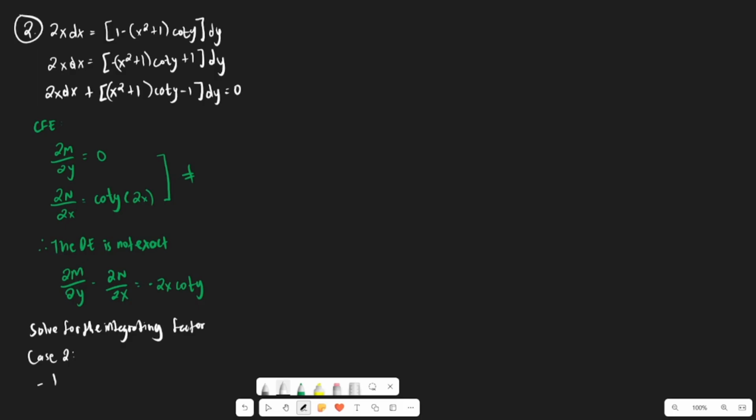So our case 2 looks like this: negative 1 over M times the partial of M with respect to y minus the partial of N with respect to x, which is negative 2x cotangent y, is equal to g of y.